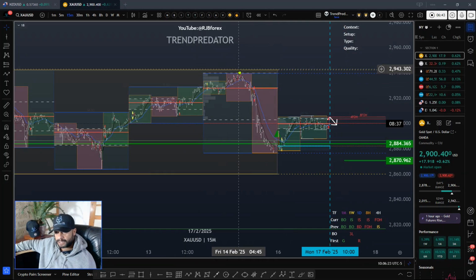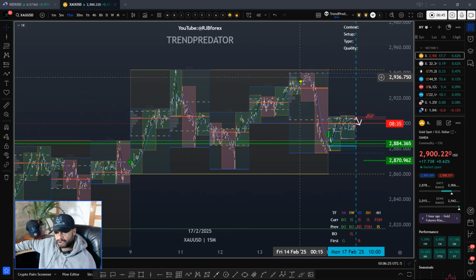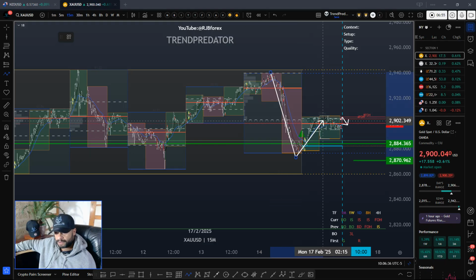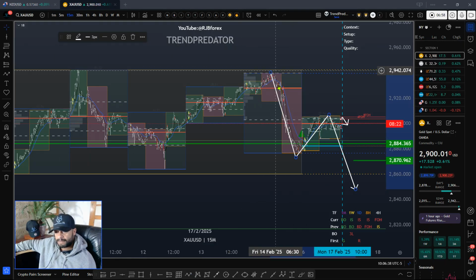So Friday put in a secondary high on the week and then sold off aggressively. And you'd be in anticipation of a continuation of that. So you've got this dump, pump, and dump scenario, impulse, correction, impulse. I call it an ICI setup.